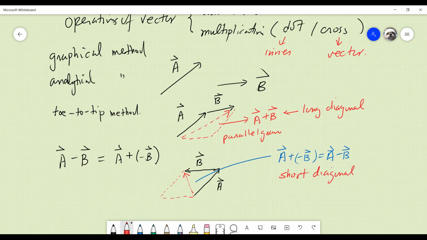So if this is A plus B, then A minus B will be the short diagonal.